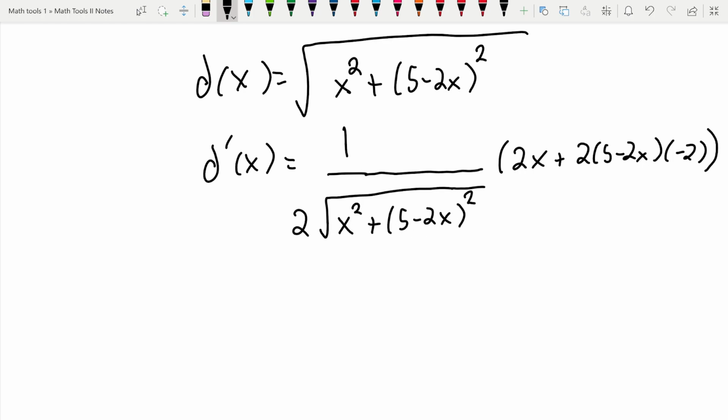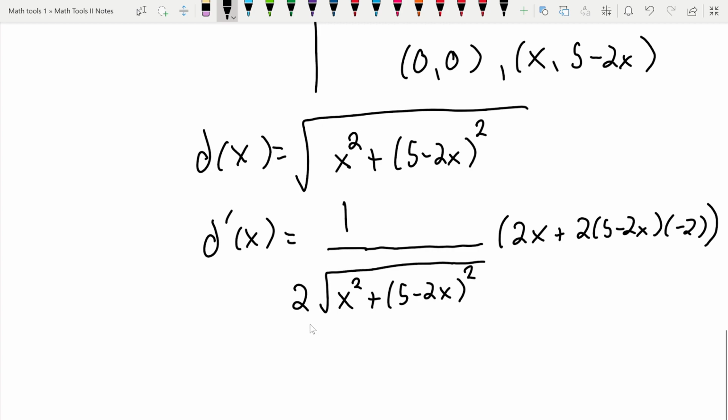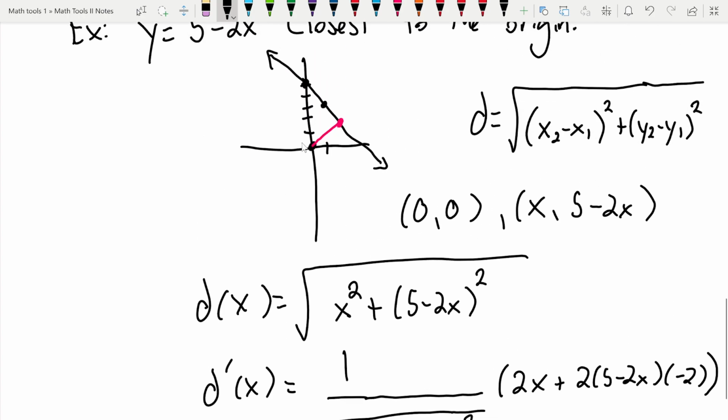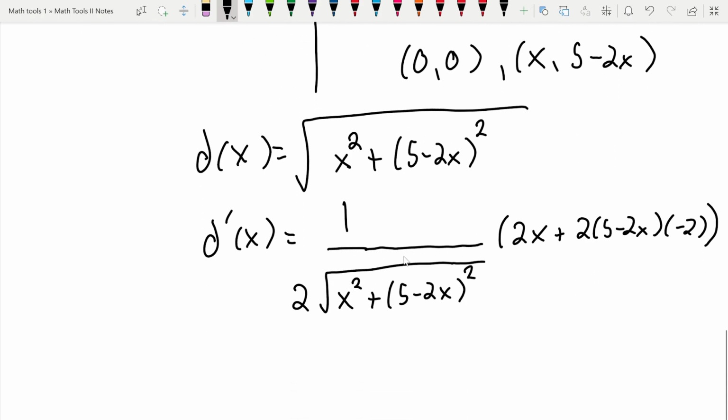A positive number plus a positive number is a positive number, so it's not going to be 0 anywhere. The only way you could get 0 is if these are both 0, but that's not possible. This line doesn't go through the point 0, 0. And this should make sense too, because this just represents the original distance formula, and we can see very clearly that the distance between these is never 0, right? So we don't even really need to worry about the denominator here.